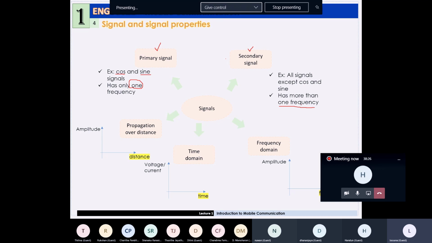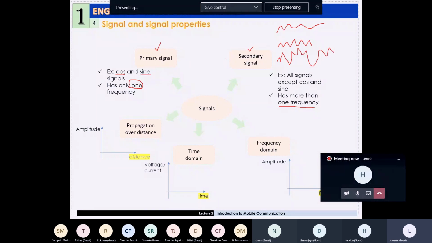Cos and sine signals are the only signals that you can quote as primary signals, because all these secondary signals, what we call maybe a sawtooth signal, a signal that has a kind of a sawtooth shape, or any kind of arbitrary random signal that has a random shape, can be built by adding a certain number of primary signals, right?